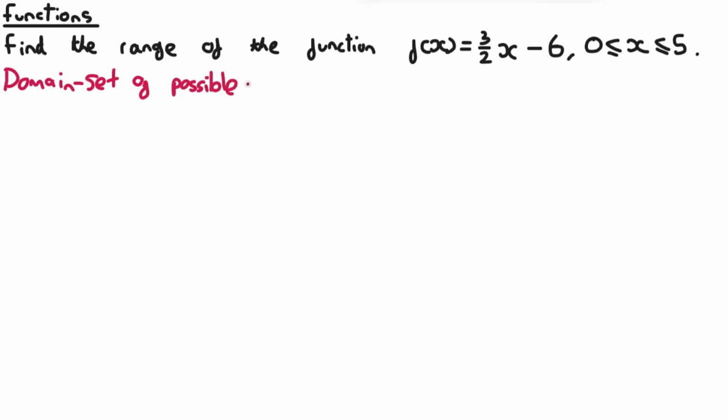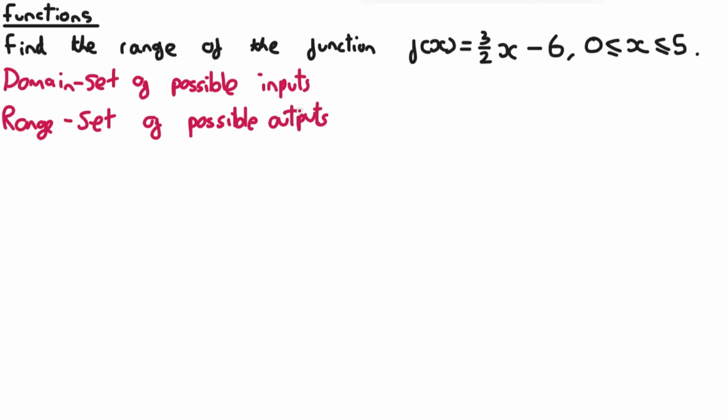So these are the x values, and this is given by this here, so it could be between 0 and 5, and the range is the set of possible outputs. So these are the y values.